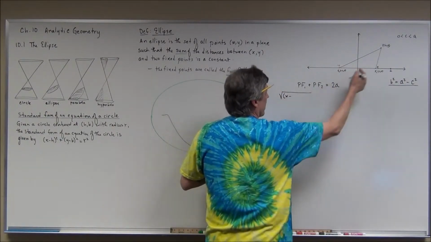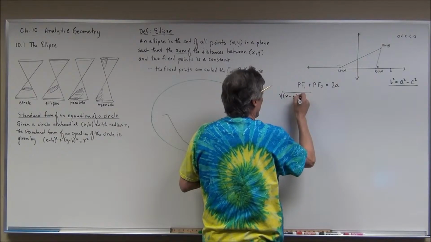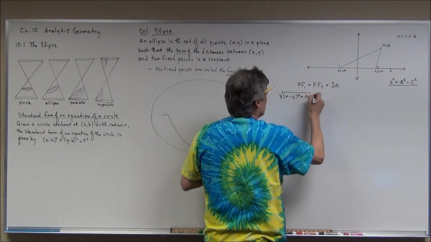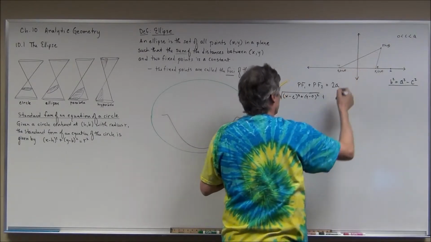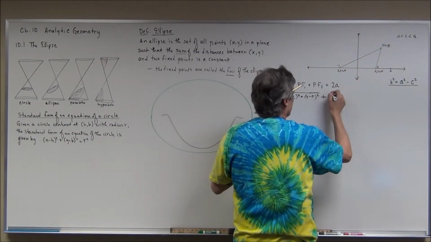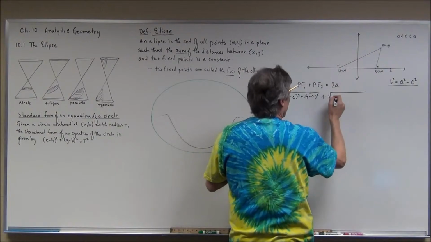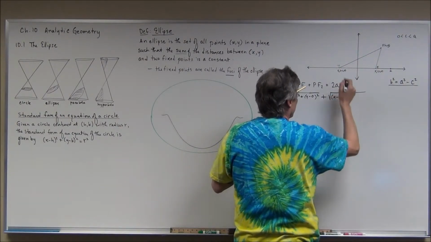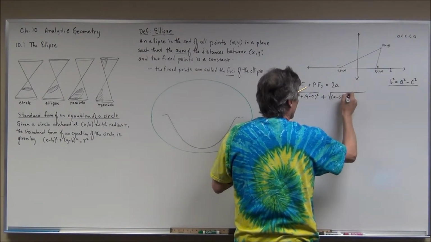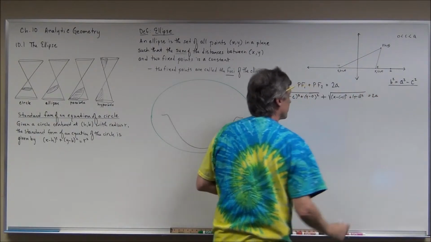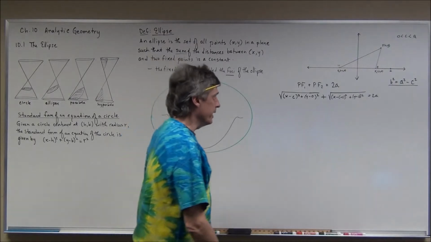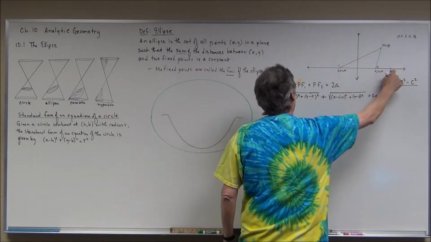I'm going to have the square root of x minus C quantity squared plus y minus 0 quantity squared. That's PF1. Plus now this distance, PF2, that would be the square root of x minus the opposite of C quantity squared plus y minus 0 quantity squared is equal to 2a. A again is the distance from the center to this point right here.